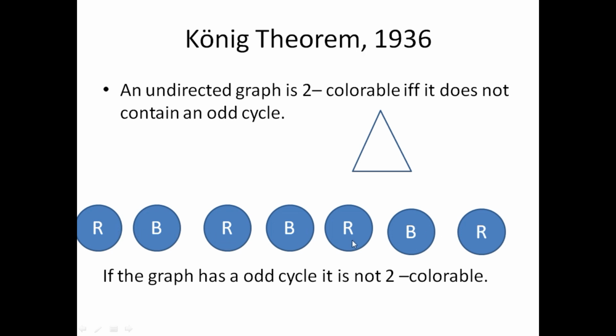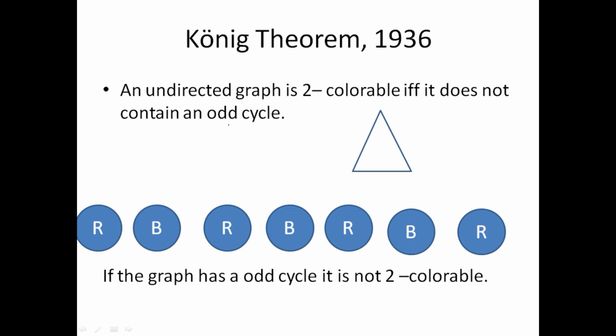So there is an edge between the consecutive vertices, and there is an edge from the last vertex back to the first vertex. So if the first vertex has a red color, the second vertex has to be blue, and the next vertex has to be red. So every alternate node in the cycle should have alternate colors. Since the number of nodes in this graph is odd, the last one should also have the red color.